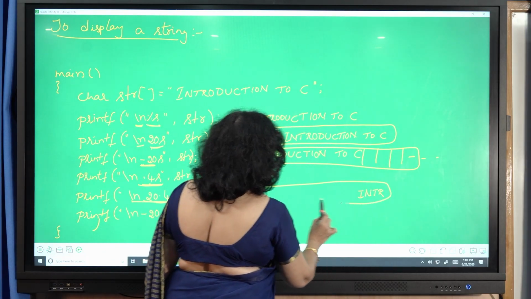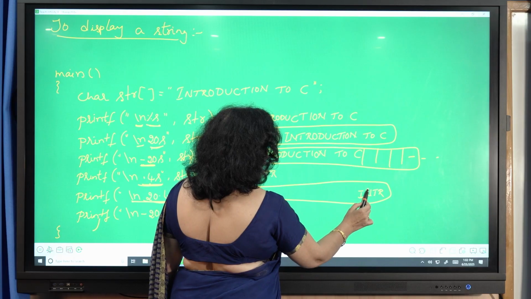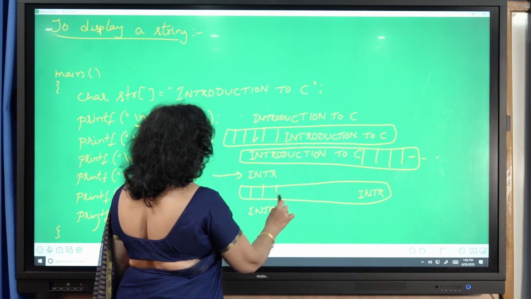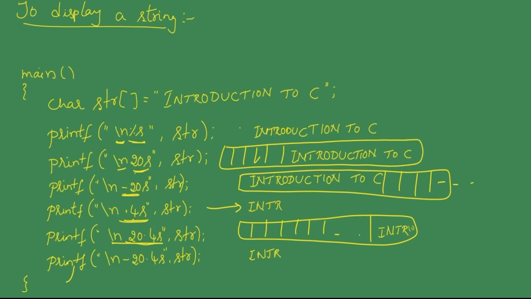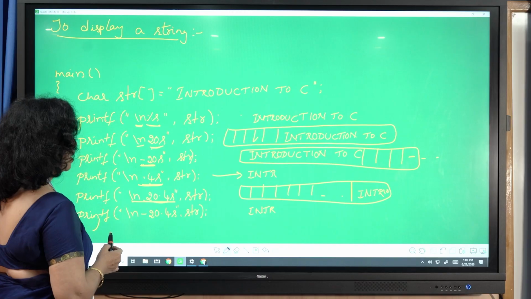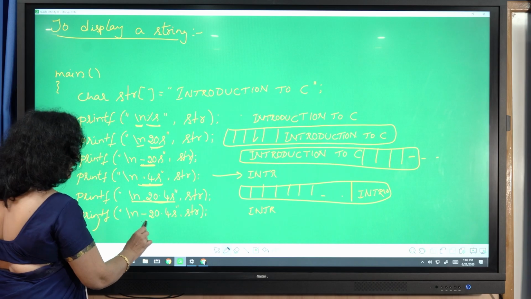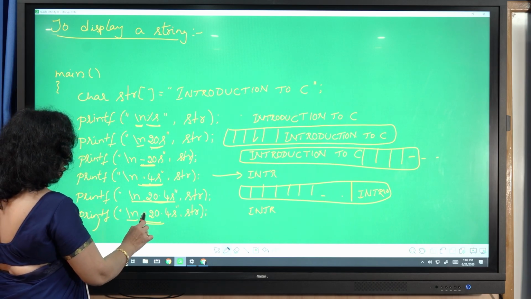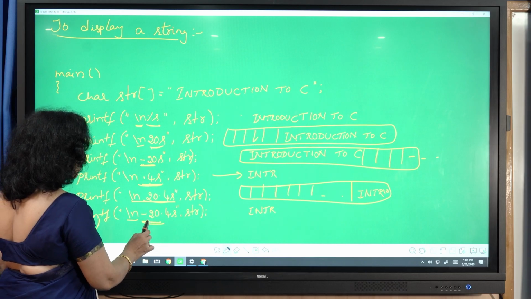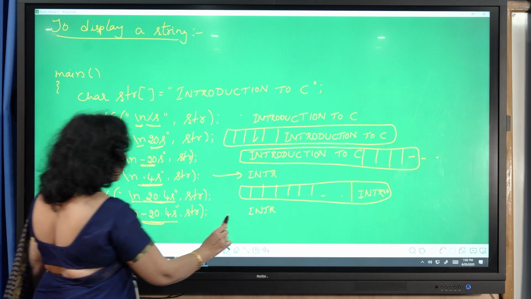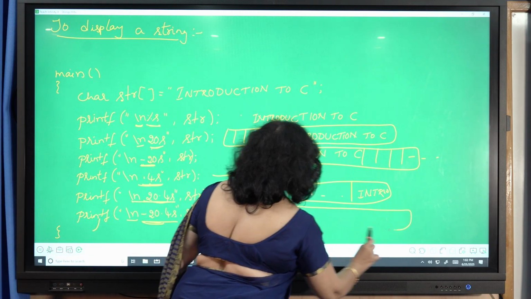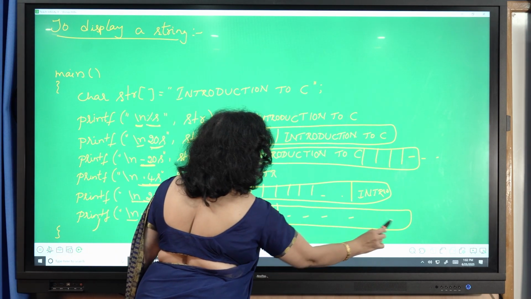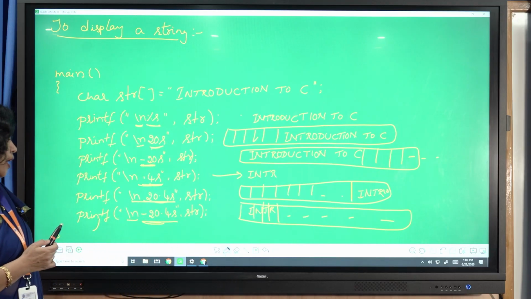We are going to take 4 characters and write from the end, so the beginning 16 locations are free, and the last 4 locations have been used for this. If I say printf \n %-20.4s, this would be left justified, so the string is written from the left like this and the remaining locations are empty.